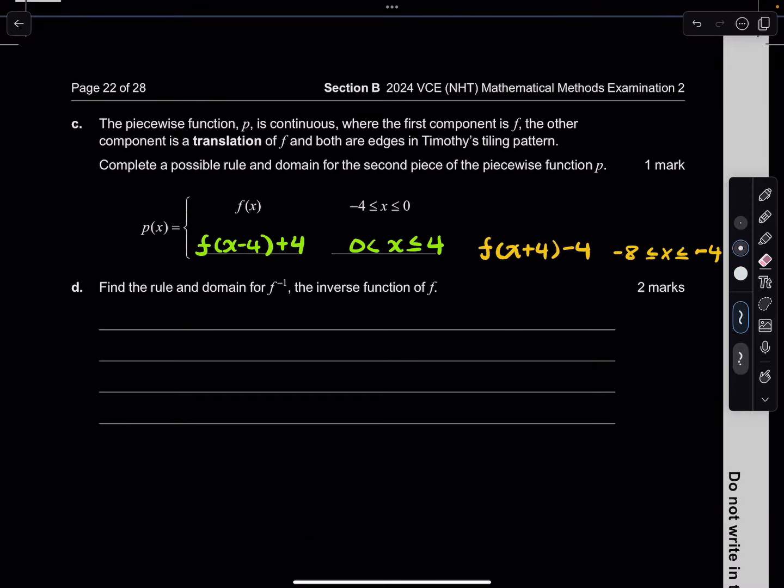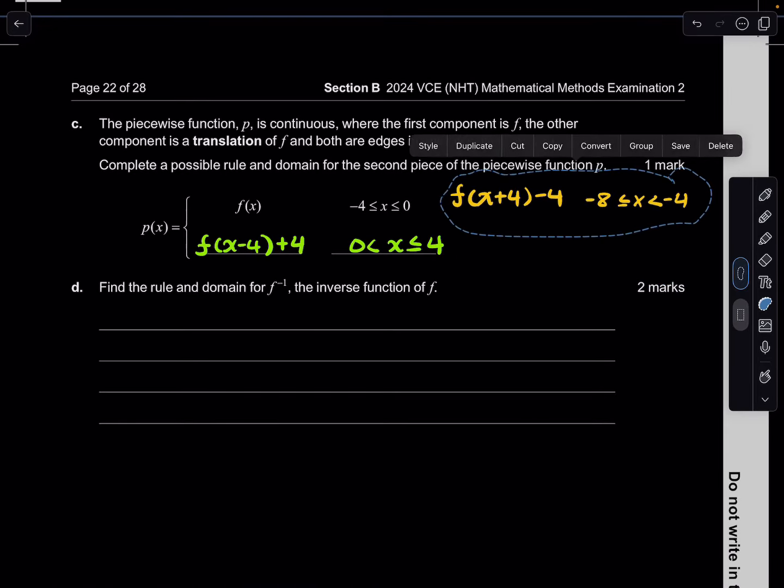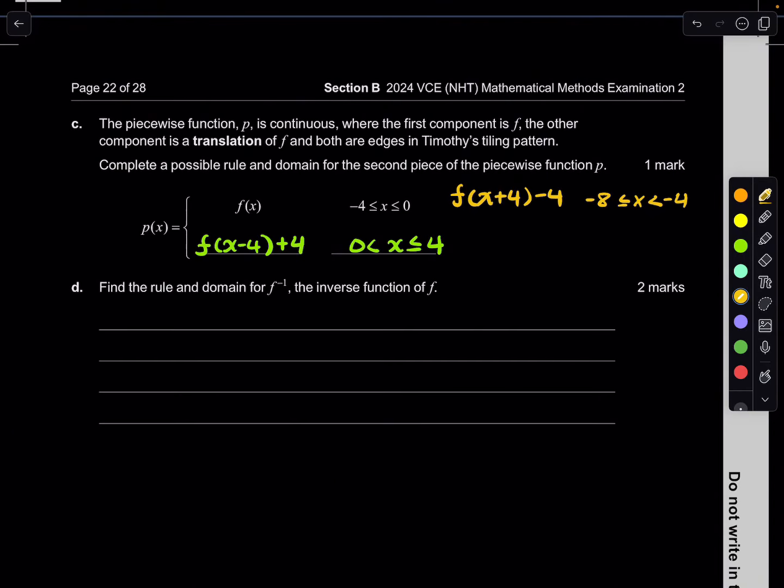Now make sure, again, like what we said, -4 is already included. So make sure this is just going to be less than, not equal to. That's it. So that is the other rearrangement you can get. So any of these, you get the answer. These are possible values you can get. I hope that kind of makes sense. If I'm not understanding the question properly, but that's how I interpreted the question.